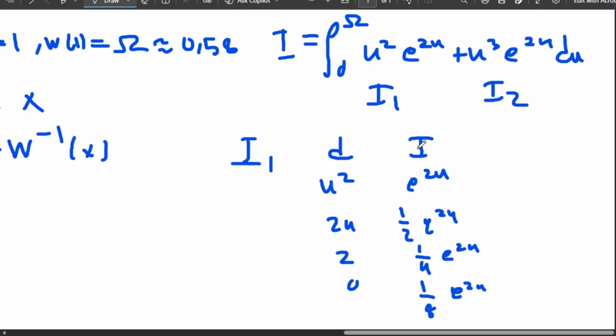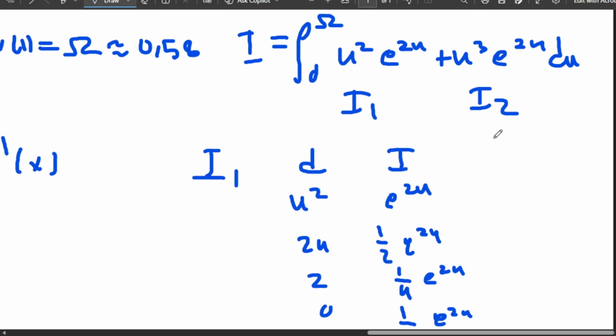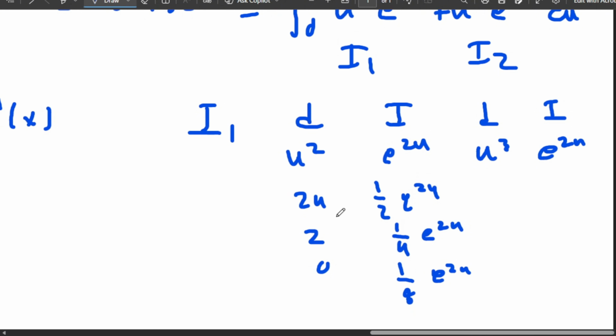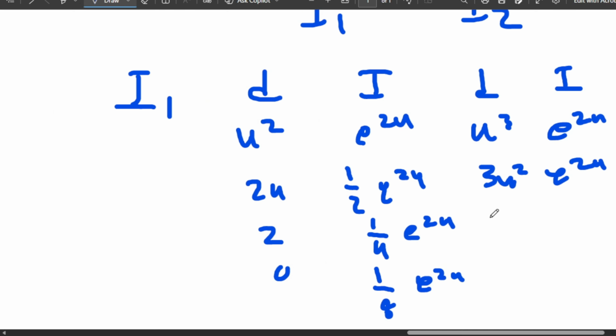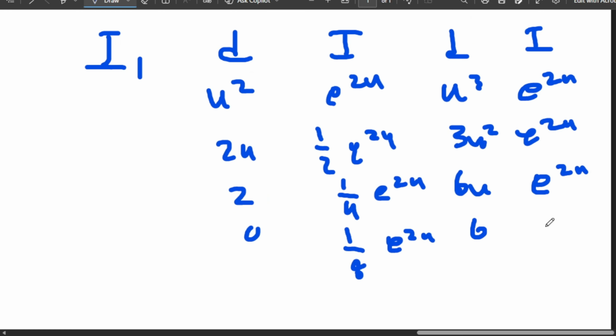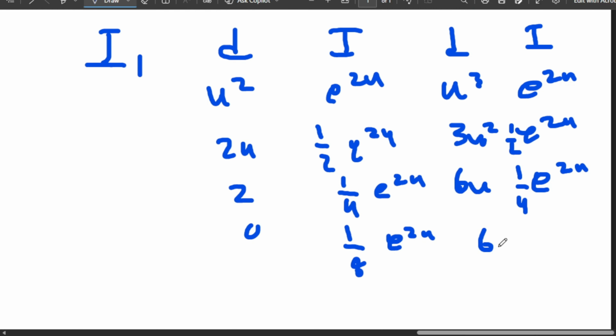Now the second integral, DI, u cubed e^(2u), leaves us with 3u squared e^(2u), and then 6u, and 6. The integrals are a half, 1 over 4, 1 over 8 e^(2u), and then 0.